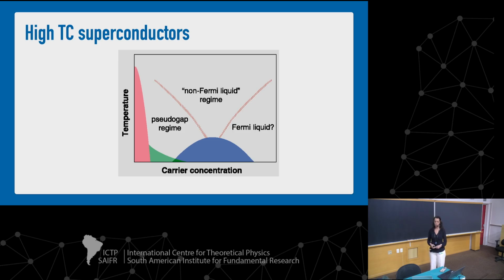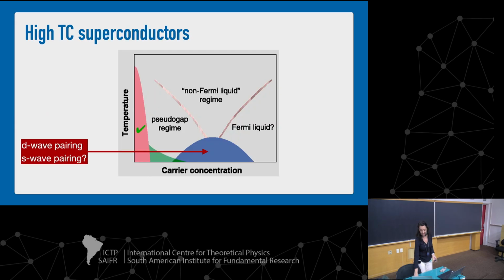What we have achieved so far in the experiments that I showed yesterday is that region over there with no or small doping, within this orange area, which is the antiferromagnetic Mott insulator.